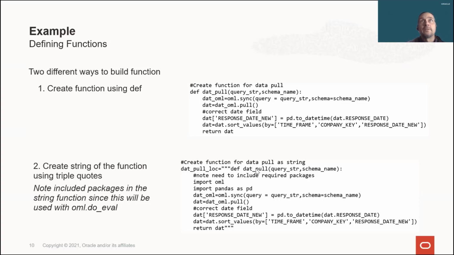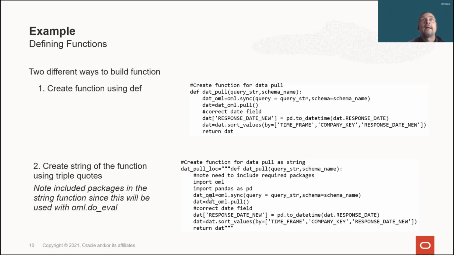You'll notice one difference here. Because I know eventually I'm going to use this dat_pull_loc in a do eval, I need to make sure that I have my import of the packages that I'm going to be using within the function. And so I've added the imports for OML and pandas within my function, so that when I do it on eval from the script repository, it's actually going to launch those packages when it launches the function as well.